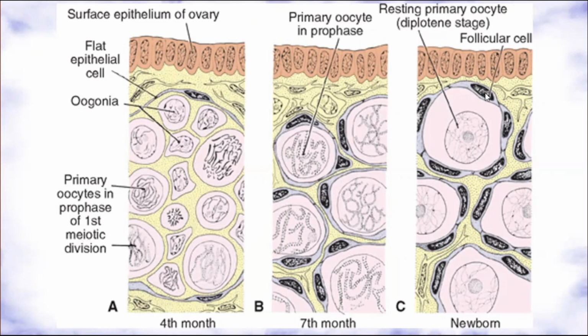The oocyte enters prophase of the first meiotic division, and this division is stopped, and the follicles wait for their further development after birth, after puberty.